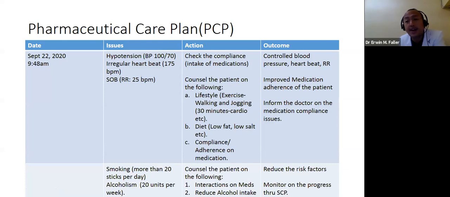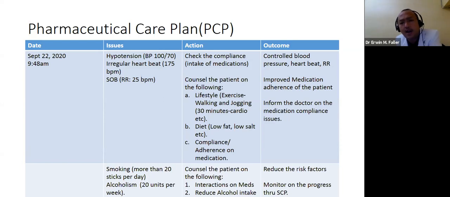Now, you need to identify the date and the time, shall we say September 22, 2020, 9:48 a.m. And we identify that some of the issues here are hypotension, with a blood pressure of 100/70, an irregular heartbeat of 175 beats per minute, and shortness of breath with a respiratory rate of 25 breaths per minute.